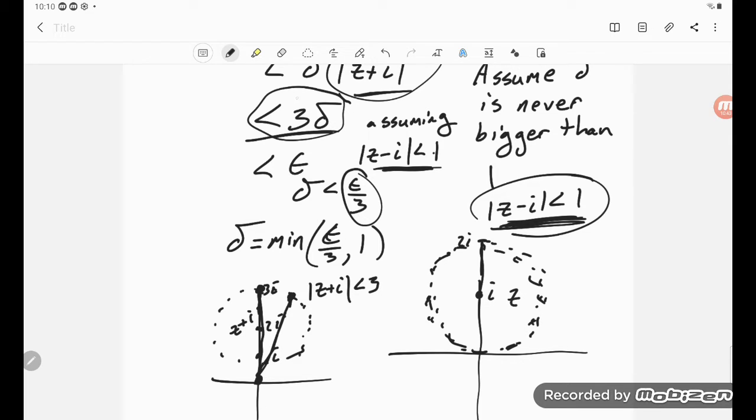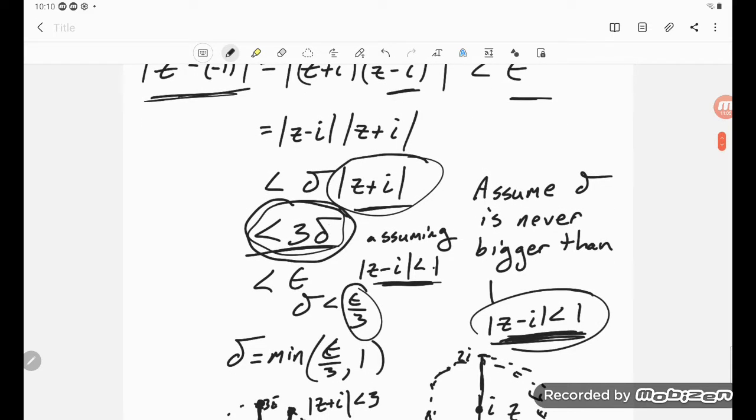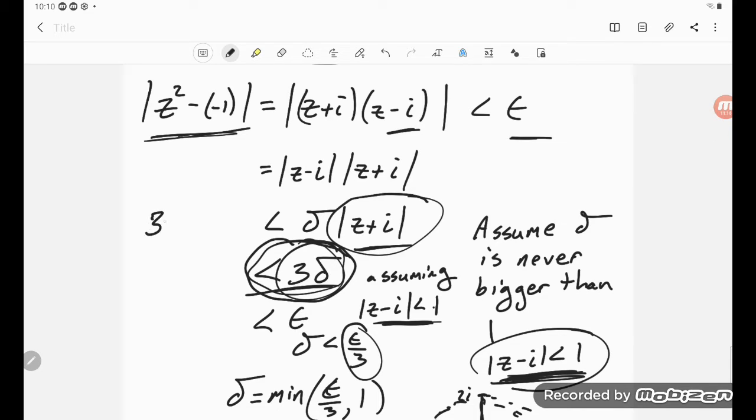That got me somewhere on my algebra, but then I had to also take into account this thing back here, what I started with needs to be less than epsilon. That has to be less than epsilon. Well, I've got it less than 3 delta, and so I have that 3 delta better be less than epsilon, so I divide both sides by 3, and I get that.